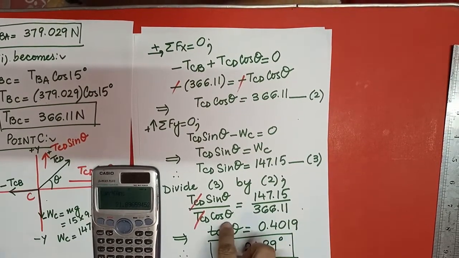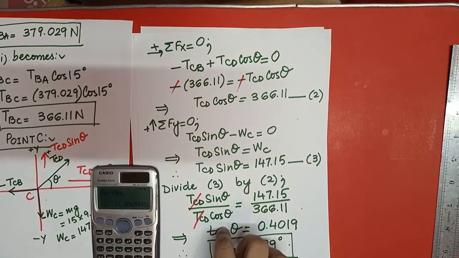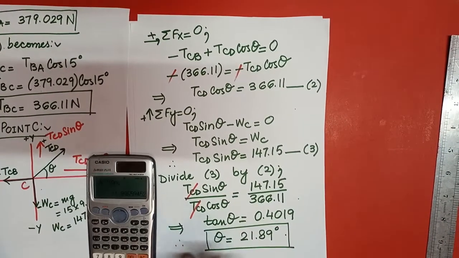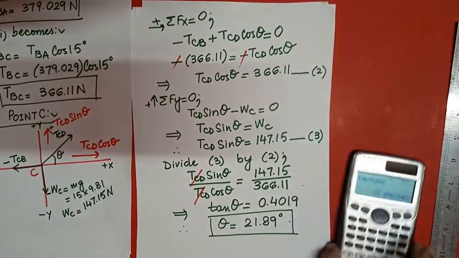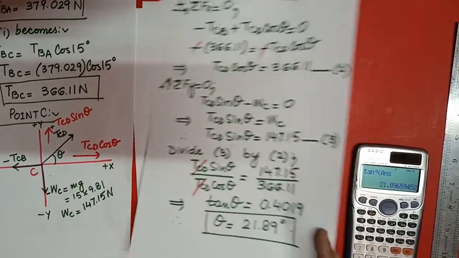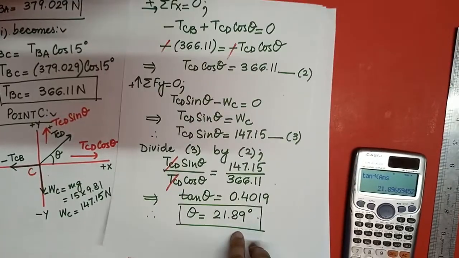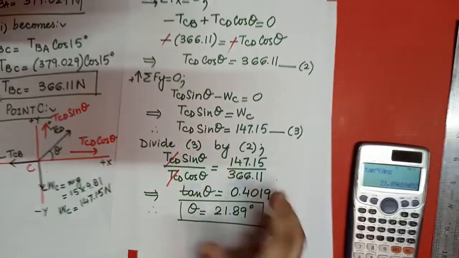And if I take it as cos theta upon sin theta, it becomes the opposite, and it is quite difficult to find out because it becomes cot theta. Now I have to put this theta, 21.89 degrees, into equation number 2 or 3.